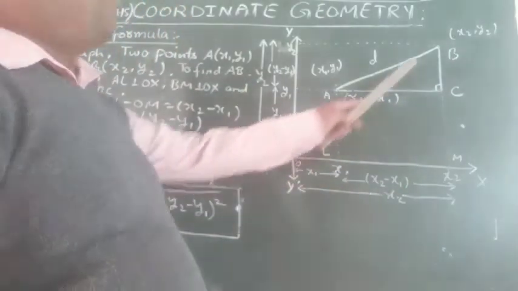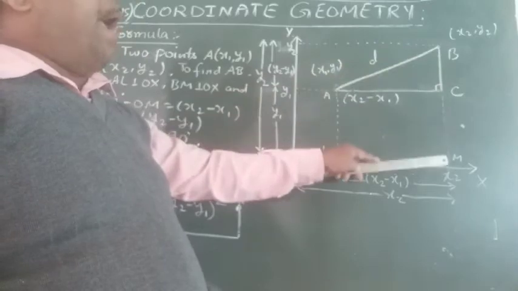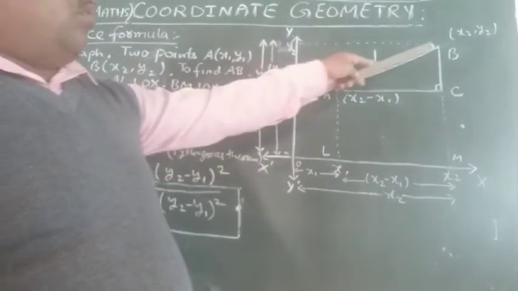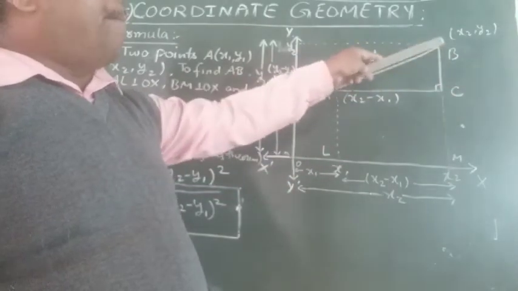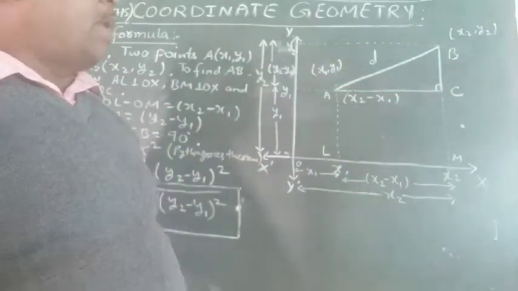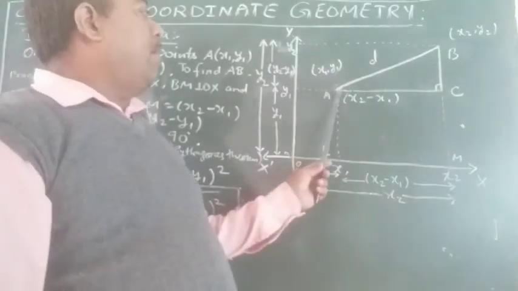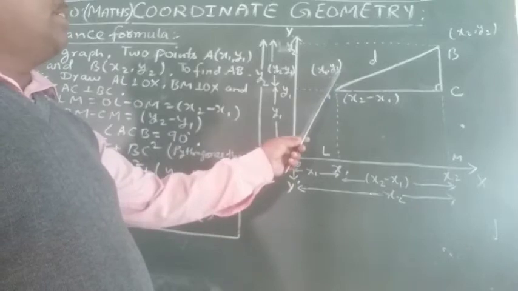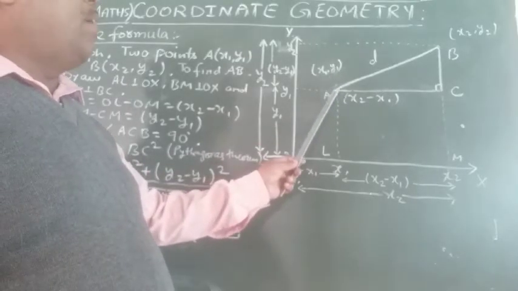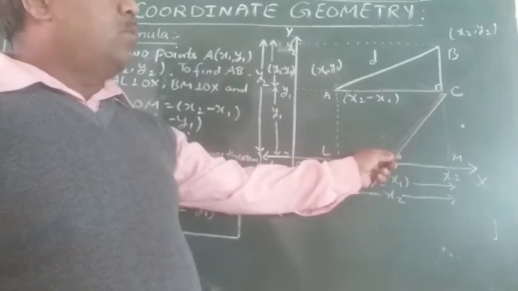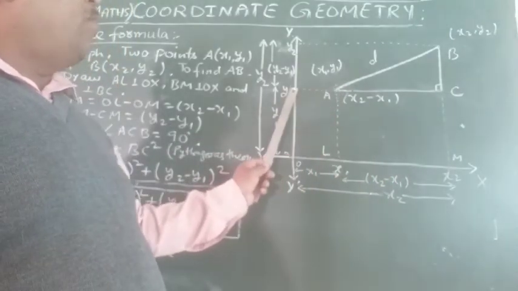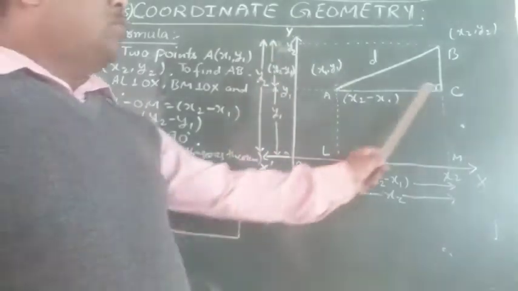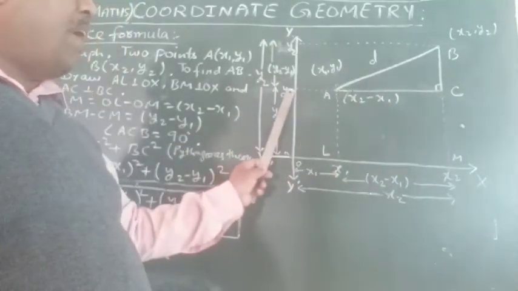Now for BC. B to M is the distance y2 to 0, so the BM distance is y2, and we have to calculate the BC distance. At point A, the y coordinate is y1. So what is the height of A? The same height applies for C also. If A has y value y1 on the y-axis, then C also has y value y1.